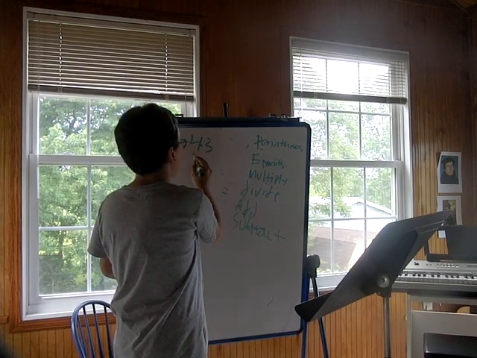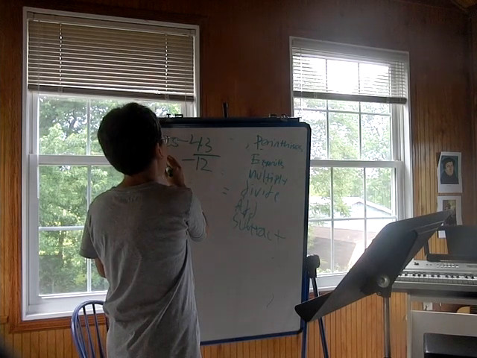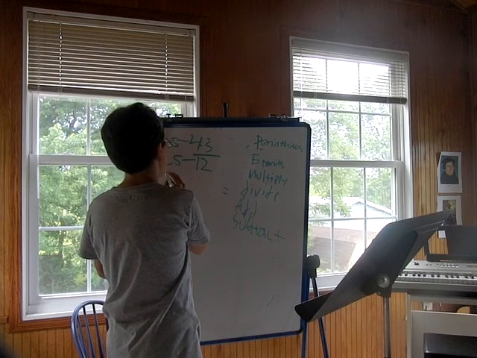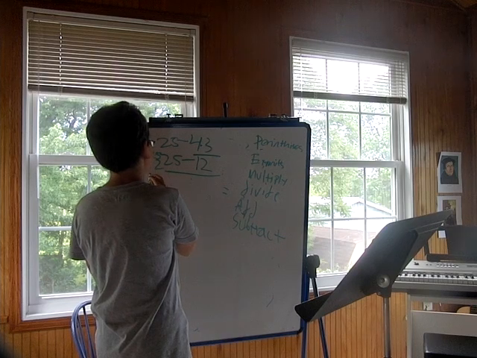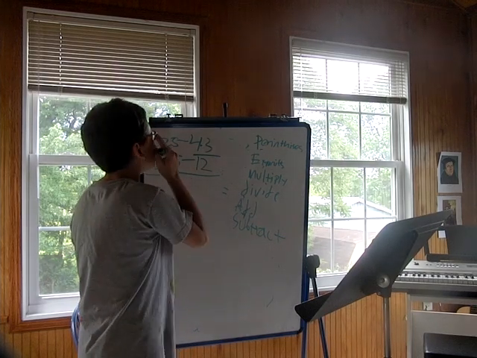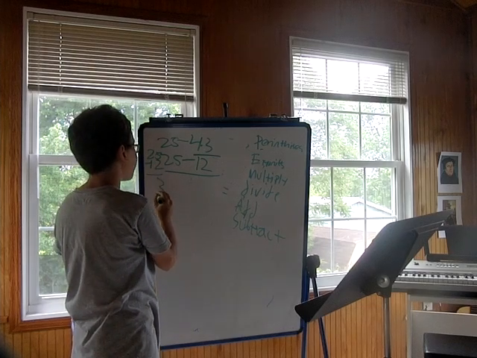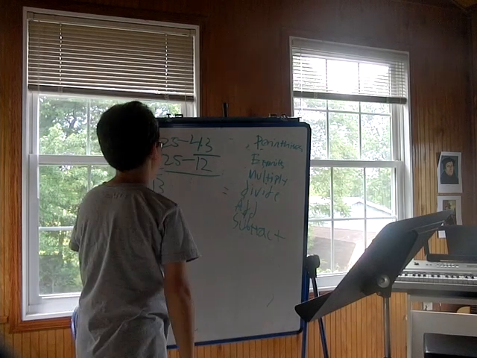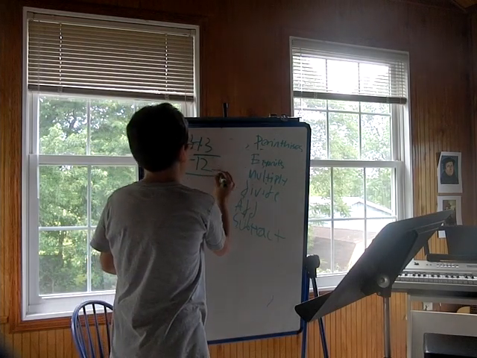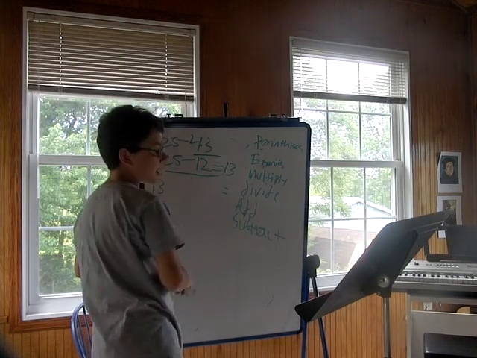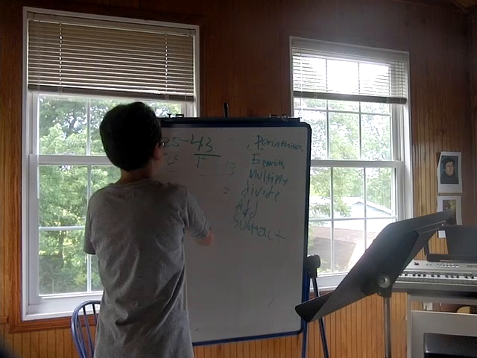It would equal 12. 25 minus 12, okay, so how are we going to solve this? Well, 5, 4, 3, 2, 1. So then that would equal 13. So that is that one.